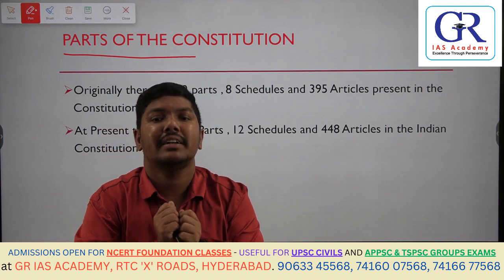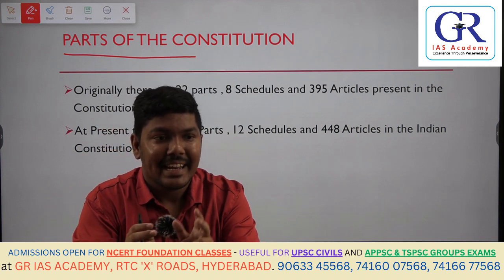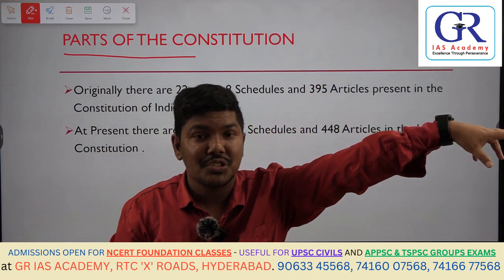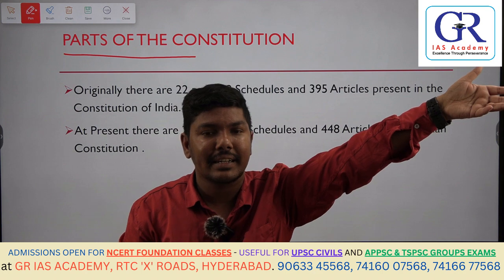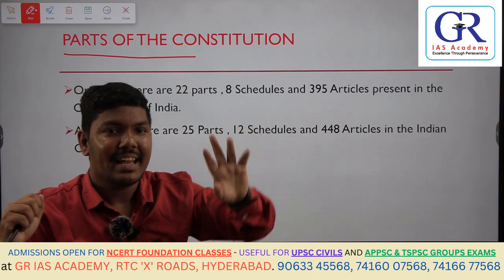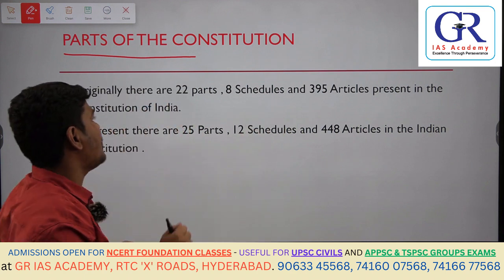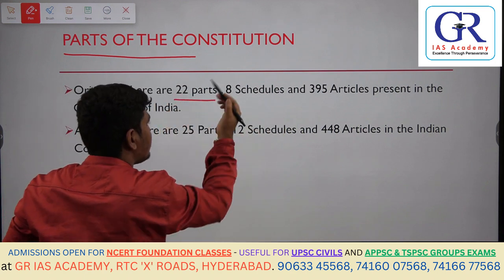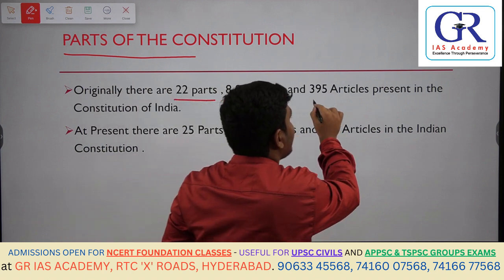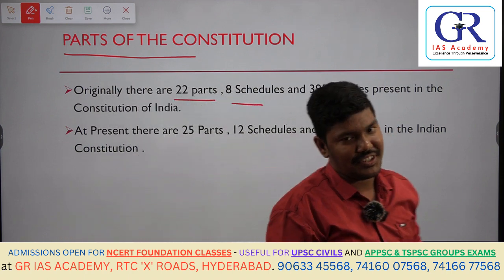So in order to understand it clearly, it has been divided. Now here two things with respect to parts of the Constitution: the day on which the Constitution came into effect in 1950, and what is the present status? In the year 1950, we had 22 parts, 8 schedules and 395 articles of the Constitution.